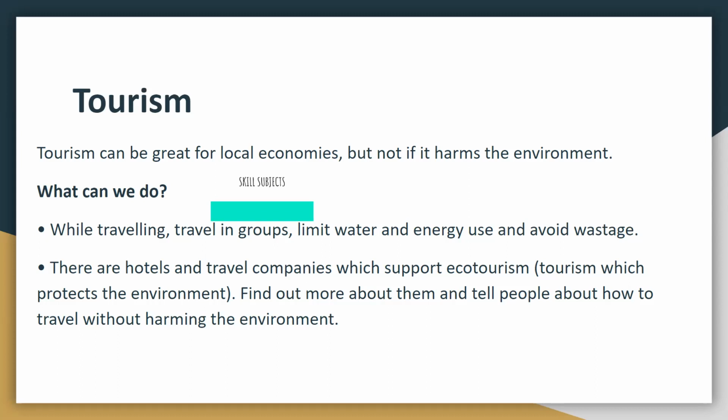So while traveling, travel in groups, limit water and energy use, and avoid wastage. There are many places where, when you go, it is very clearly written: do not litter. So we should follow that rule of not littering. Rather, we should use the dustbin.